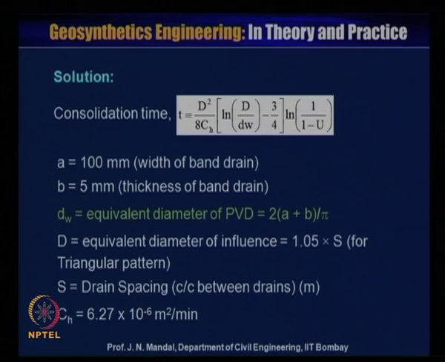So, 2 into (100 plus 5) by pi, and D is the equivalent diameter of the influence zone, that is 1.05 S for triangular pattern, because we have considered triangular pattern, and S is the drain spacing from center to center between the drains in meter, and CH is given as 6.27 into 10 to the power minus 6 meter square per minute.